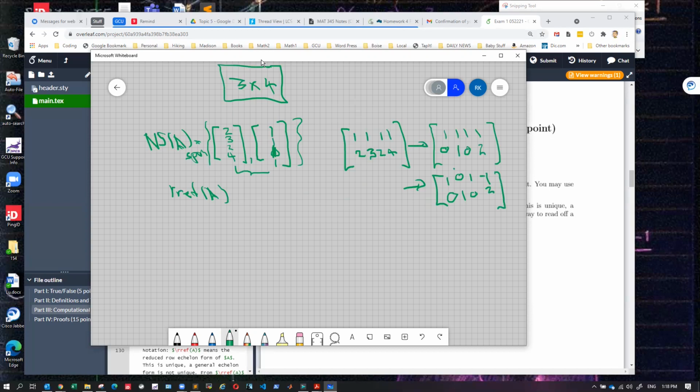So now I know that this is really the same as the span of those two things, which is now 1, 0, 1, minus 1, and 0, 1, 0, 2, like that, right?